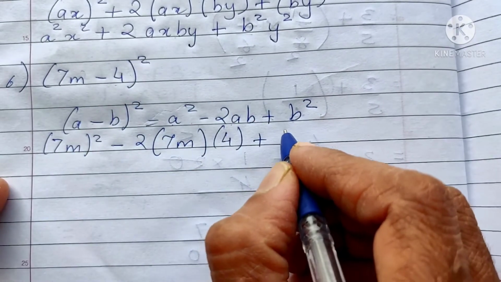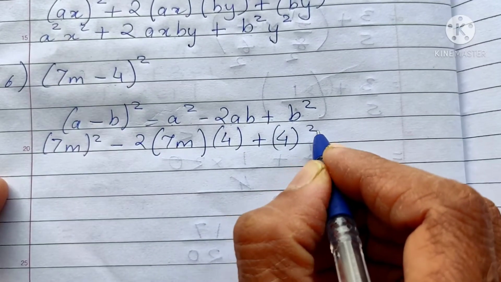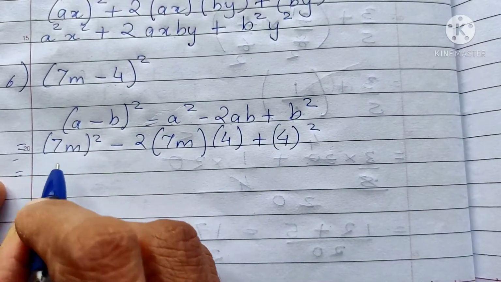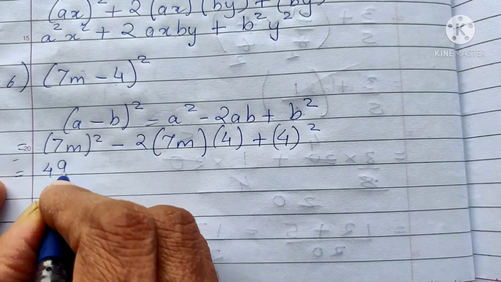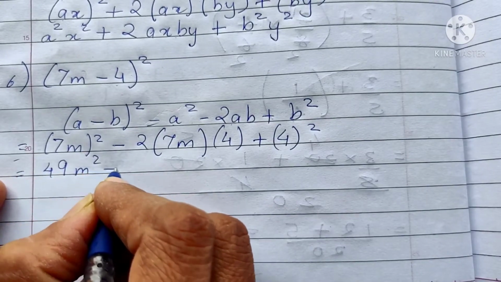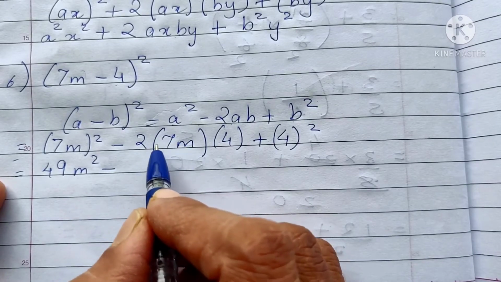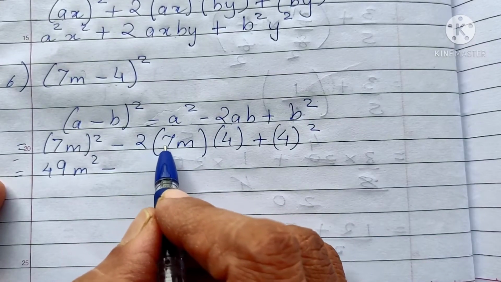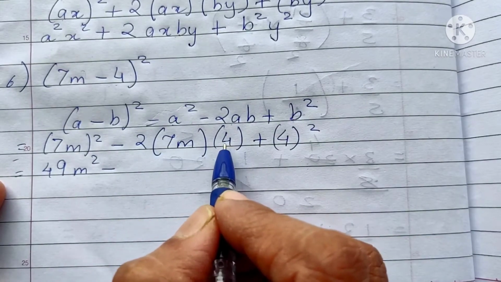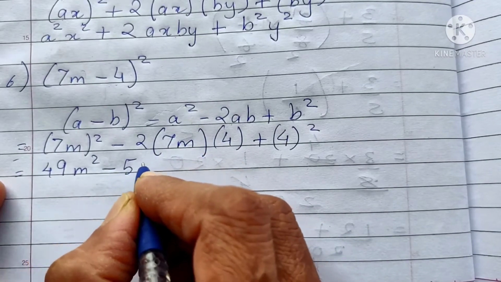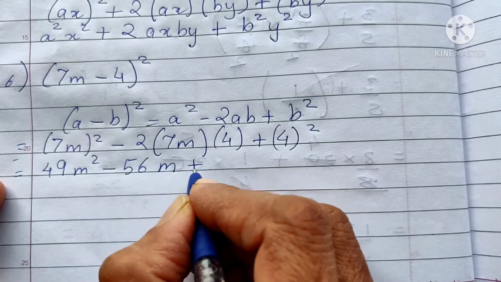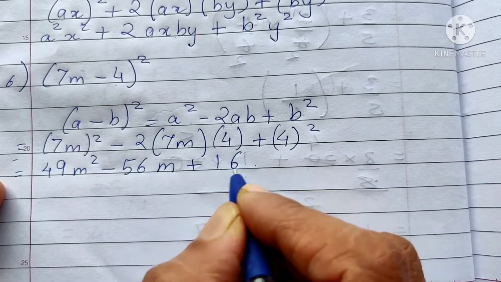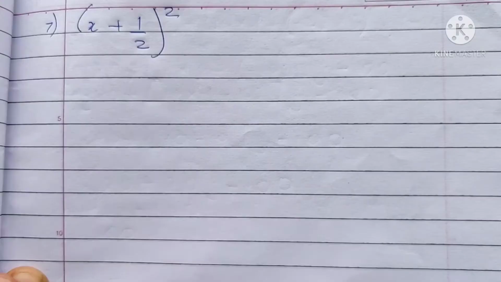So just take 4, and then you have the square of that. Open the brackets. You have 7 square, 7 sevens are 49, m square, minus, so here you can do 2 sevens are 14, 14 into 4 is 56, and then you have variable m, plus 4 square is 16. So this gives you the answer.